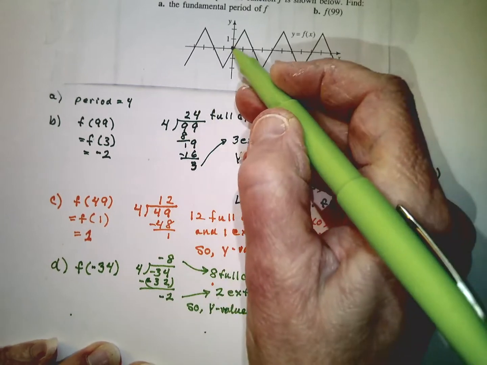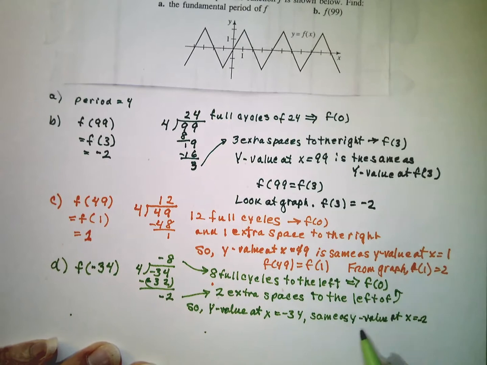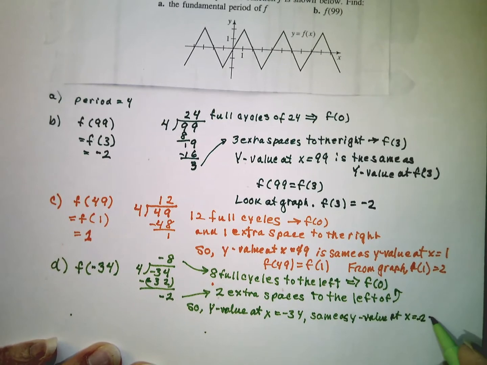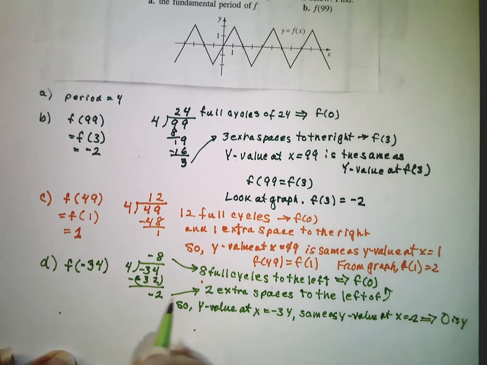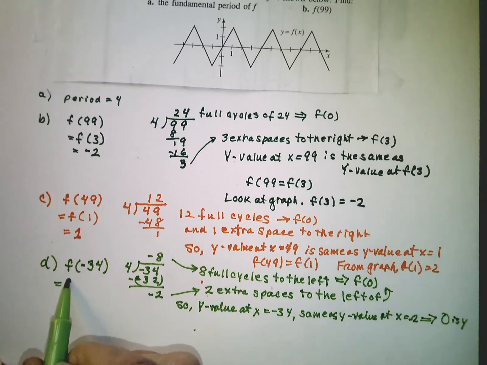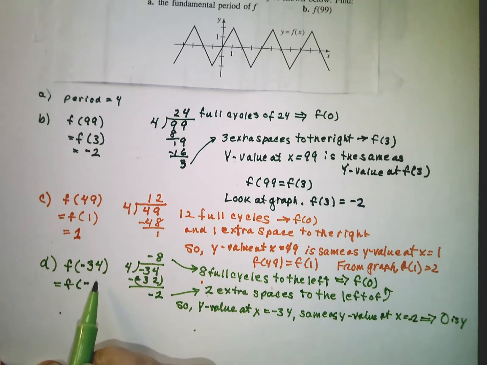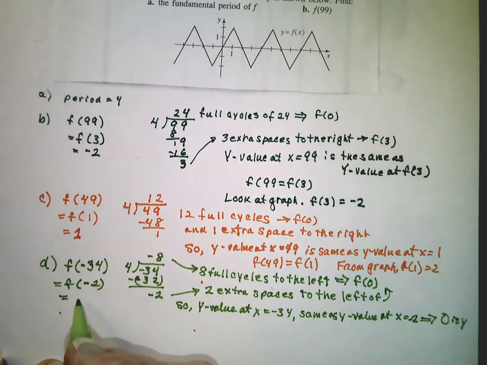According to the graph, when x equals negative 2, y is 0. So f of negative 34 was the same as the function value at negative 2. And the function value at negative 2, according to the graph, was 0.